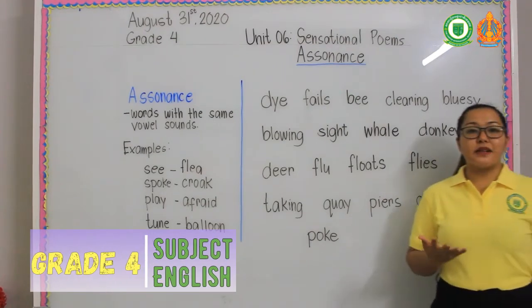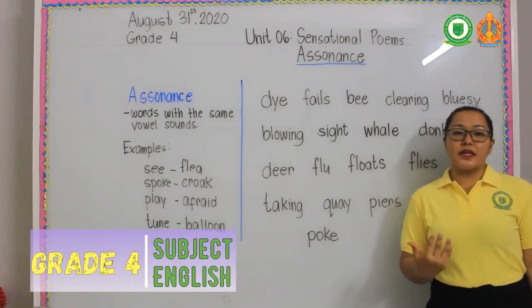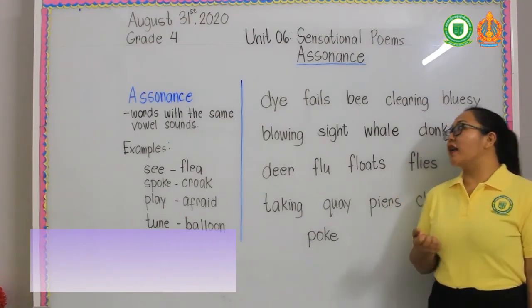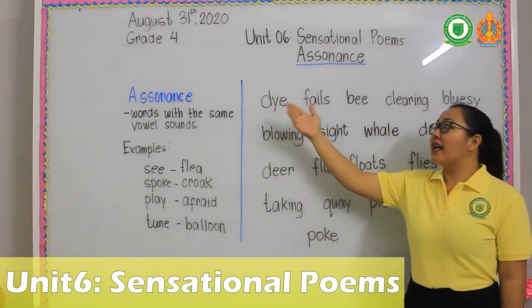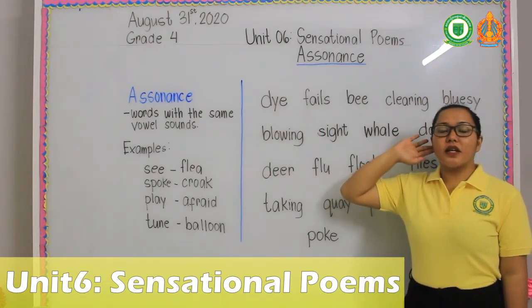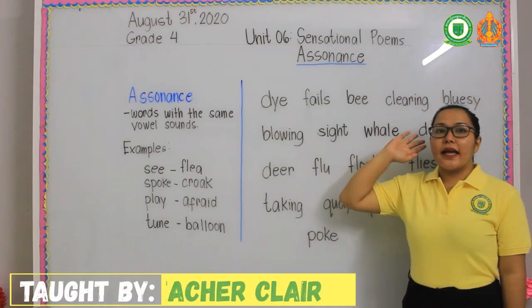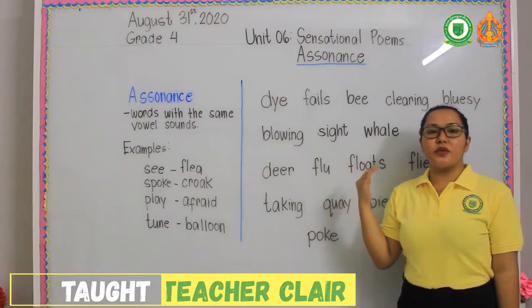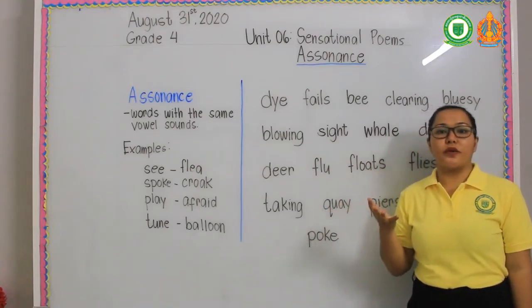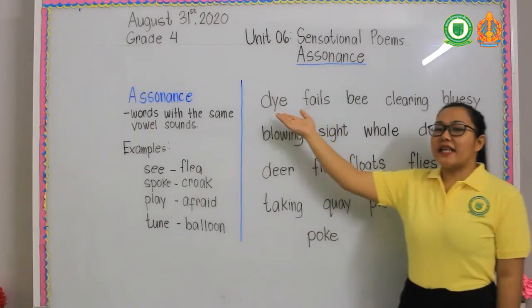So again, please follow after me because you will be reading these words on your own later on. So let's read these words. You have to listen carefully because you have to group these words into the same vowel sounds later on your own for task 1.